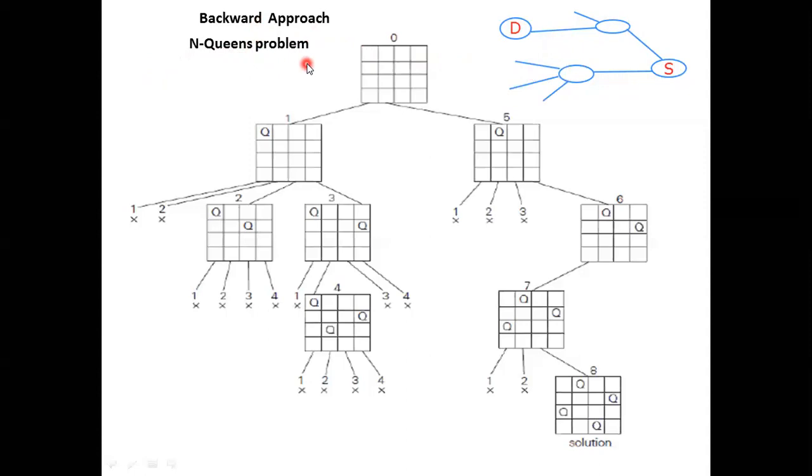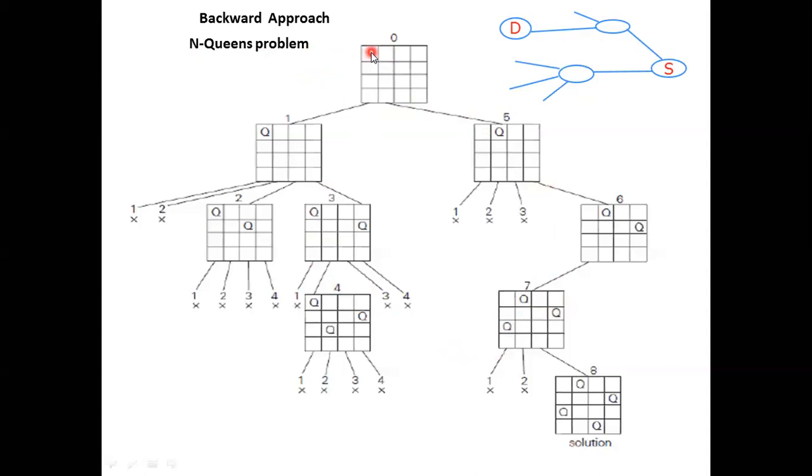This N-Queens problem is going to be solved using the backward approach, right? It's very simple. I will explain what N-Queens is. Now, what is N? N can be any number. Here it is based upon 4. 4 queens means we have to construct a 4 cross 4 matrix.